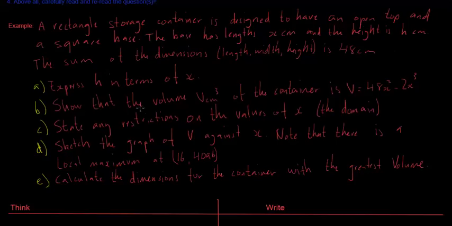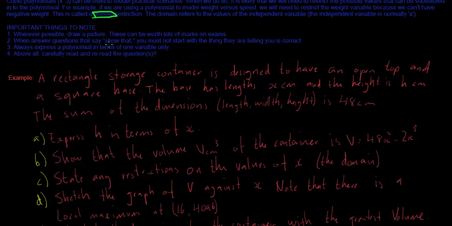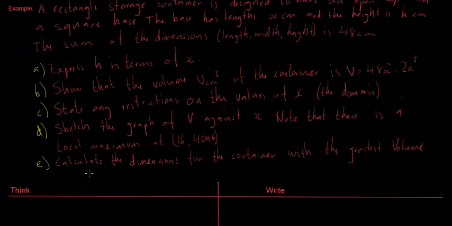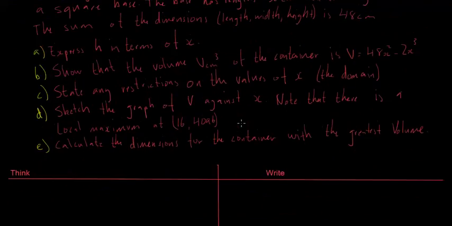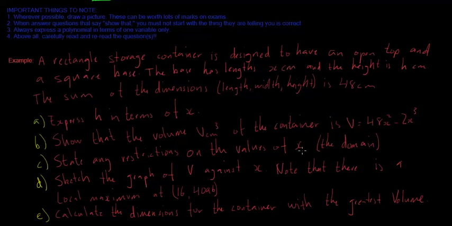Secondly, show that the volume, V centimeters cubed, of the container is equal to V equals this. This is a show that question, as referred to up here. We need to state any restrictions on the values of x, so this is going to be a domain restriction.